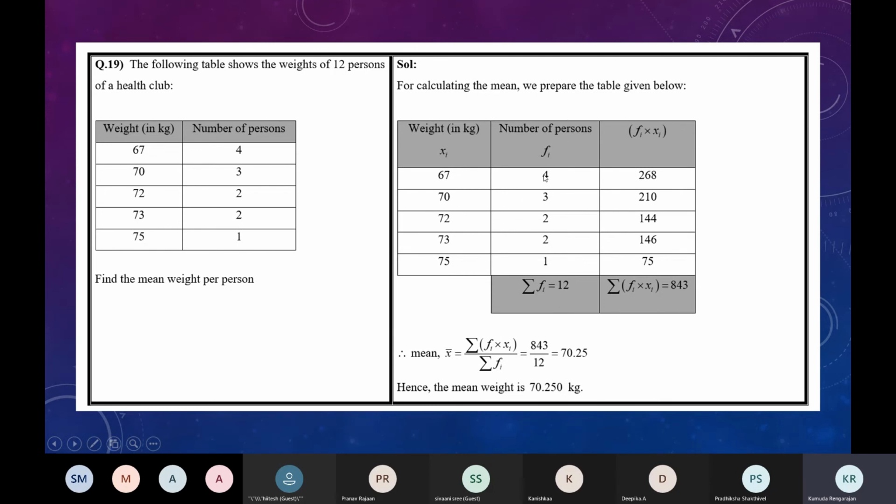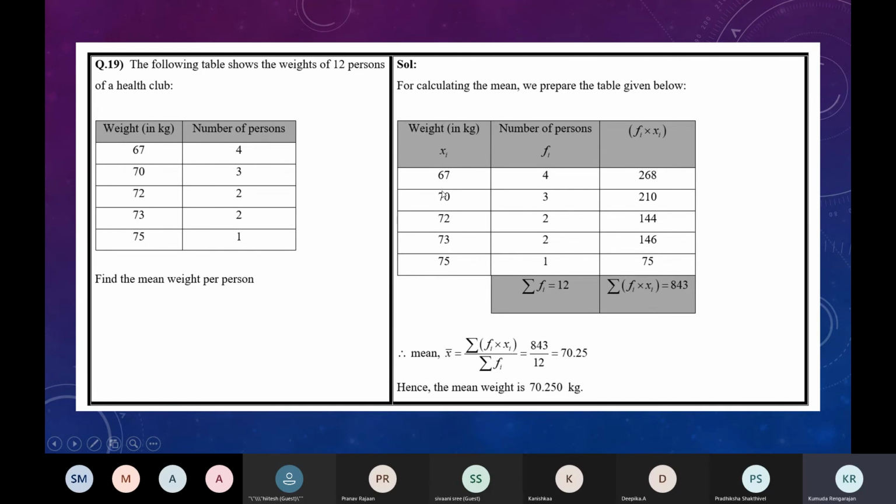Number of persons, these are the frequencies, represented by Fi. Similarly, these are the Xi values. This table is all about the weights of 12 people, so the data is about the weight. That data we call Xi.